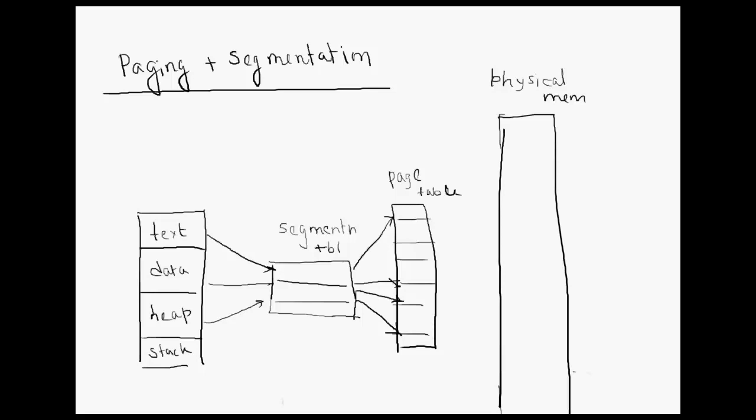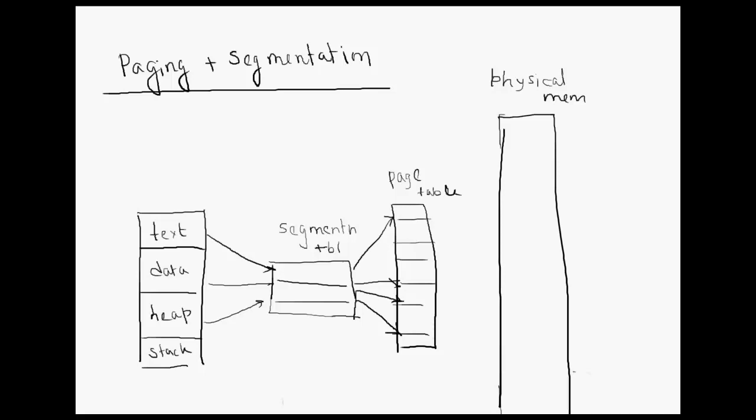So we can have a segmentation table which will enforce the protection bit. For example, if it is a text segment, then we don't expect that code to be modified at runtime, so that should be read-only. Whereas stack is always modifiable, so it will be read and write.